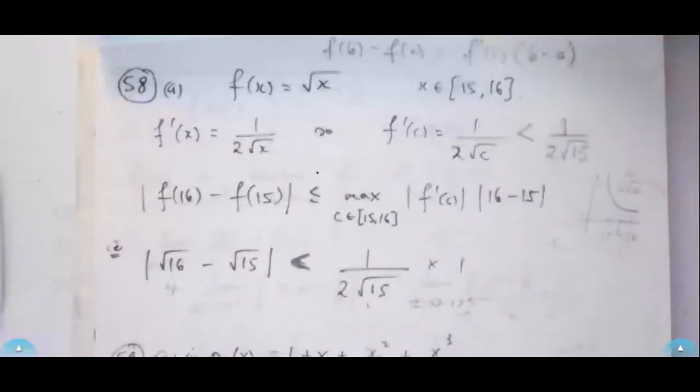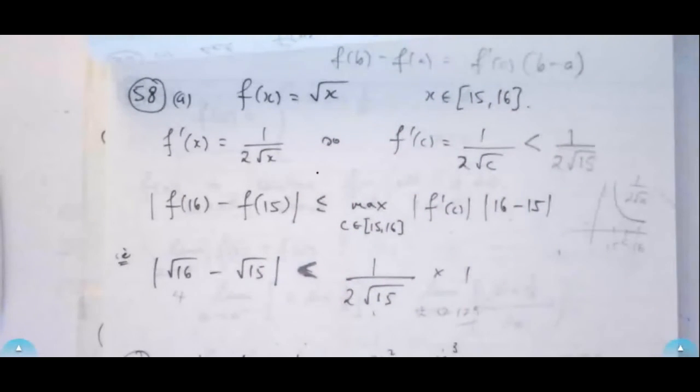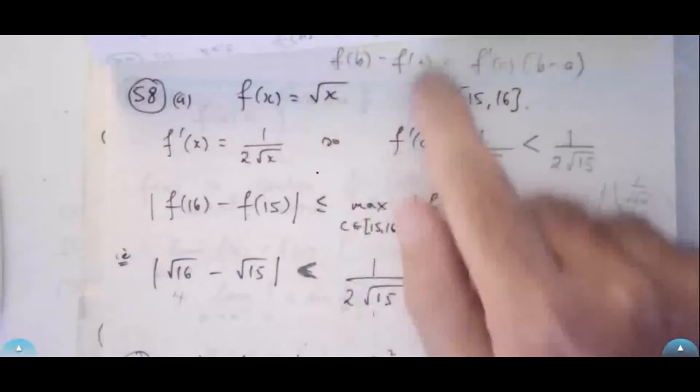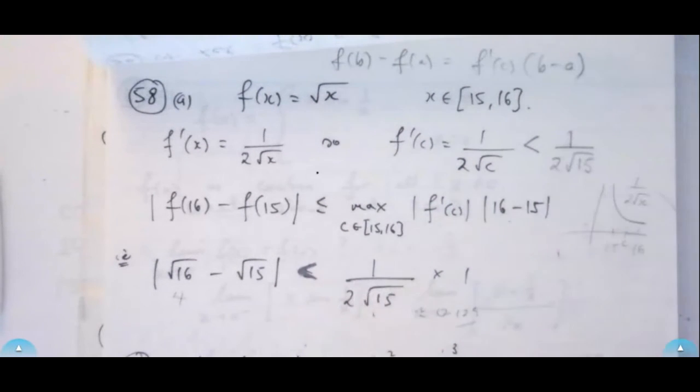What you can do is start with this mean value theorem idea up here, apply the absolute value to both sides, and then get some sort of inequality. So to do part 7, it's very similar to the question that I've got here.